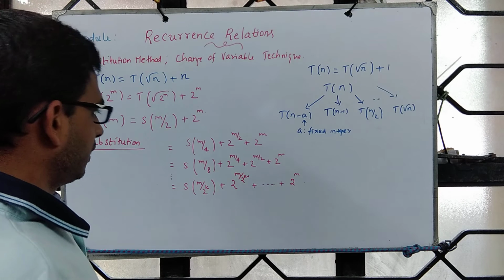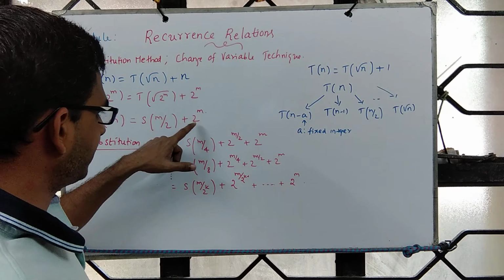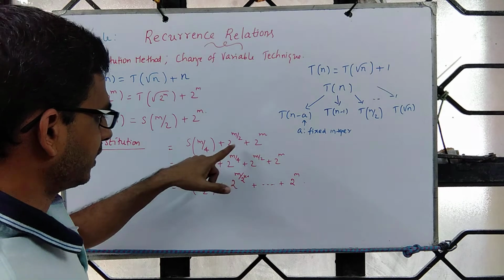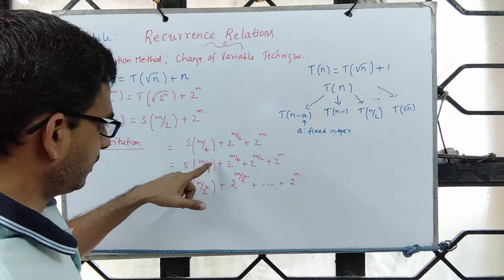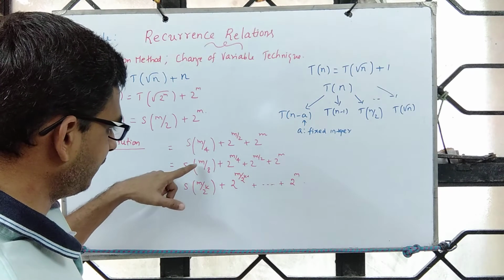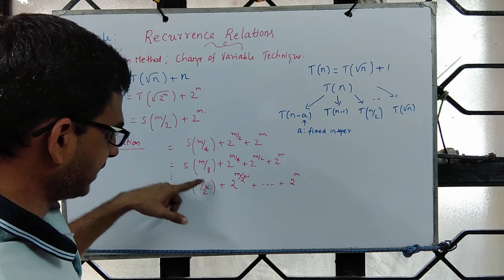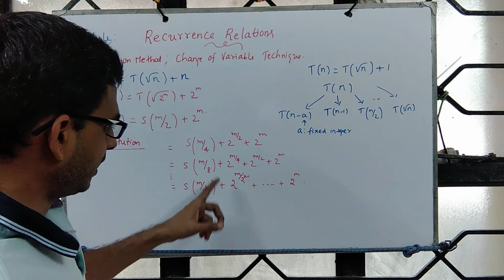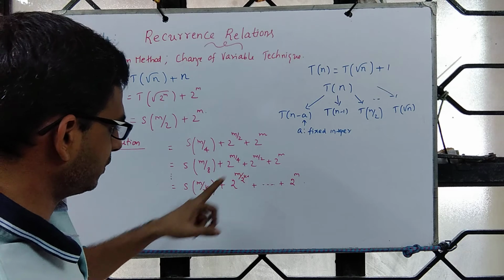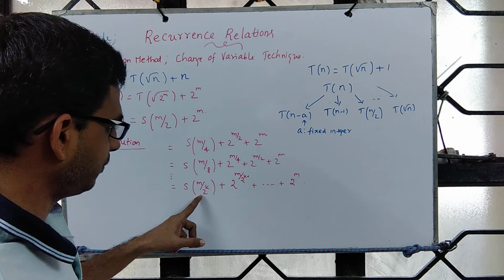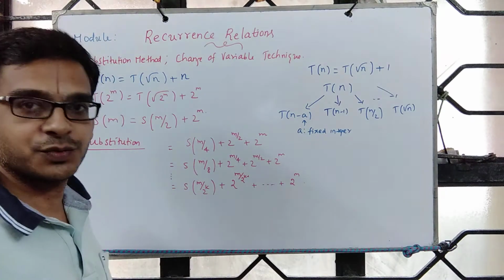Okay. So what is happening? In the first place you get 2 power m, then 2 power m by 2, then it becomes 2 power m by 4. Like that it goes. Finally what will happen when m is 2 power k, this value will become s of 1, and if it is 8, you see m by 4. So which means if it is m by 2 power k, you will see m divided by 2 power k minus 1.